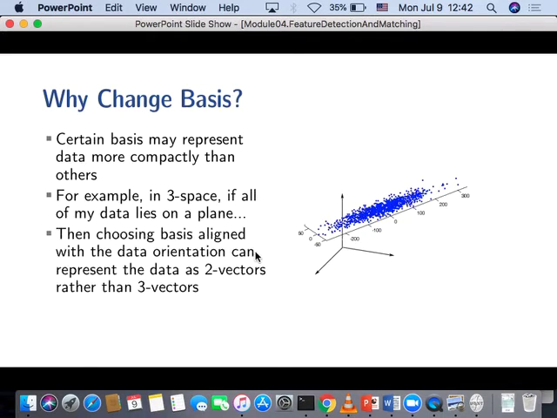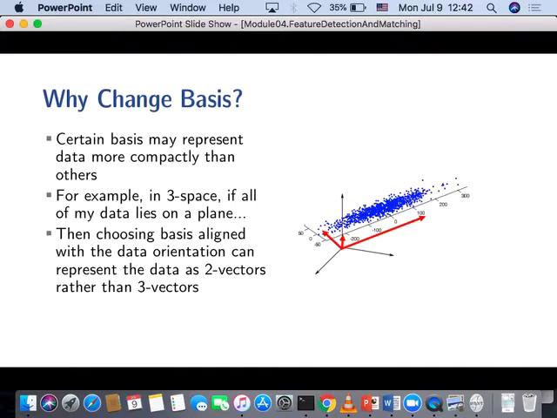So if that was the case, if I choose a basis which is aligned with this plane, like a basis like this, so this vector and this vector actually span that plane, and this third vector is actually out of the plane, then this third vector will not have any energy on it. The coefficients along this third vector will all be 0, because the data lay along the plane. And so I can represent this data as 2 vectors rather than 3 vectors, as coefficients on these 2 vectors rather than on all 3 vectors, if I choose an appropriately oriented basis.